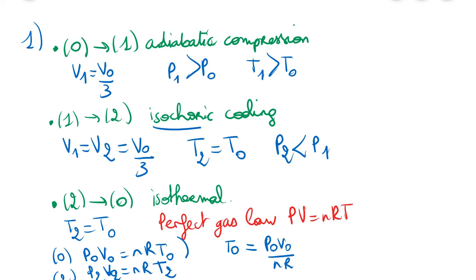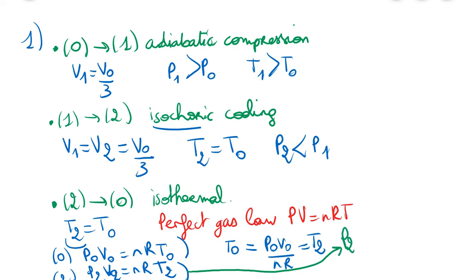And at the same time, we know that T2 is equal to T0, so this is also equal to T2. So once I know that, I'm going to come back to the second equation, and I'm going to take this expression of T2 and replace it inside.